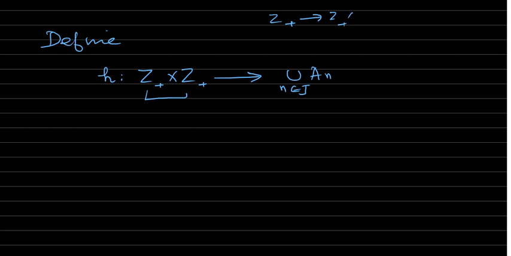Look at this. We define a map h from Z plus cross Z plus to union A_n, n belongs to J. Because we know that this set is a countable set, तो Z प्लस से लेकर इस सेट तक तो आपके पास सर्जेक्शन है ही, है ना? यहाँ से यहाँ तक है सर्जेक्शन आपके पास, because Z plus cross Z plus is a countable set. तो अगर आप Z प्लस क्रॉस Z प्लस से लेकर इस यूनियन तक सर्जेक्शन डिफाइन कर पाओगे, then you compose these two mappings and the composition will be the surjection from Z plus to the union, and from this we conclude that this union is a countable set.